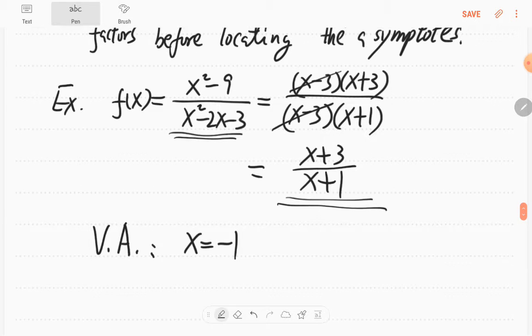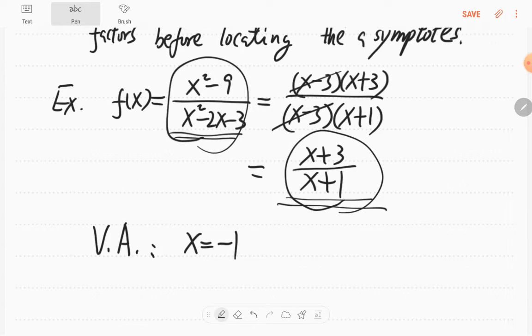Although we have an equal sign, actually these two are a little bit different. These two graphs are almost exactly the same, except for one point.